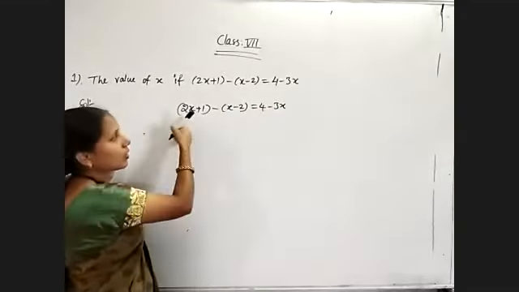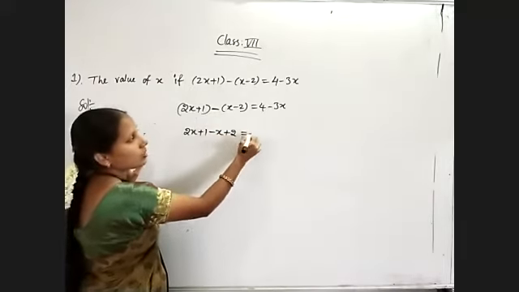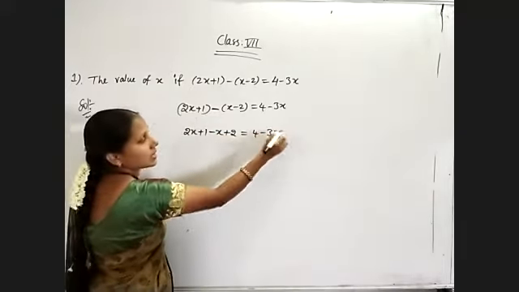So what will we get? 2x plus 1. Before the bracket nothing is there except plus, so we need to write it as it is. Now here before the bracket a minus sign is there, meaning each and every term is multiplied with minus. That is, minus into plus is minus x, minus into minus is plus 2, is equal to 4 minus 3x.